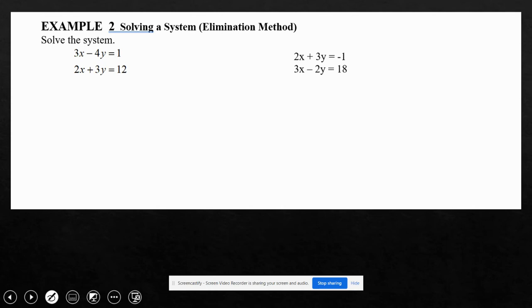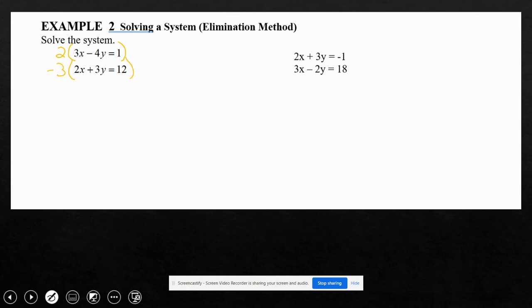I think I'm going to get rid of x. I want x to be the exact same coefficient or number in front and have 1 be a positive and 1 be a negative. So I'm going to multiply this top equation by 2 and the bottom equation by -3.